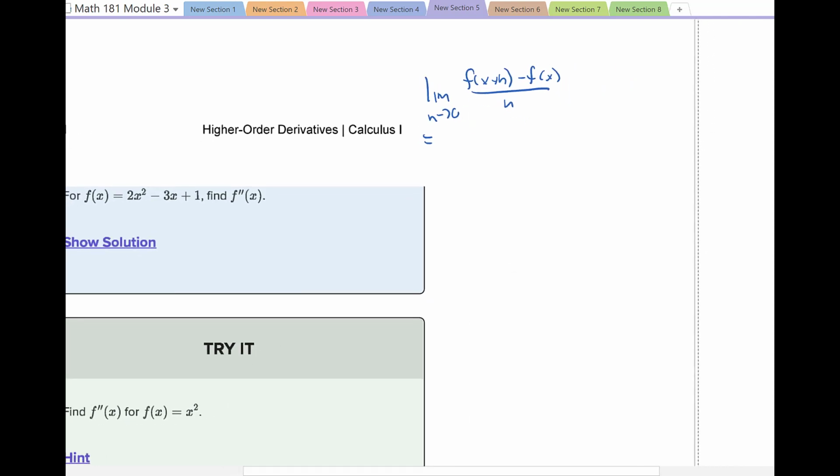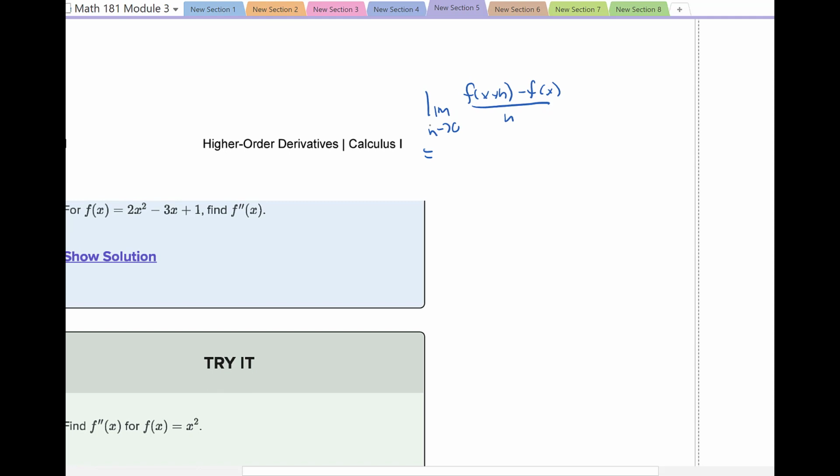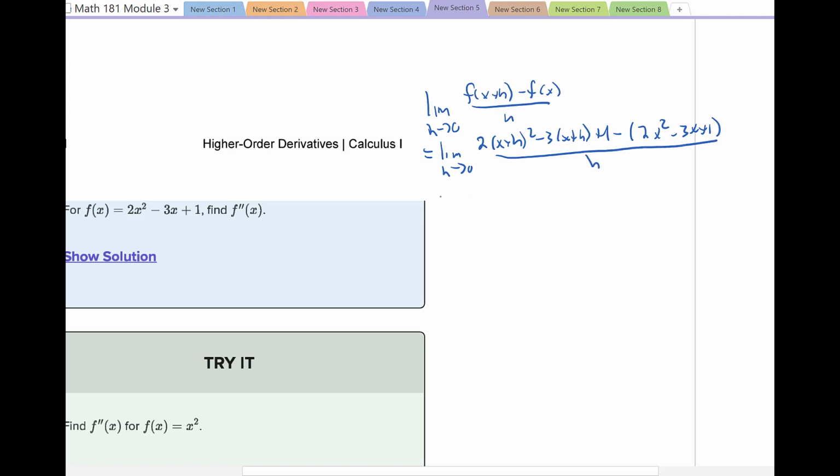Give myself a little more space here. As h goes to 0 of 2 times x plus h squared minus 3 times x plus h plus 1 minus the quantity 2x squared minus 3x plus 1 all over h.